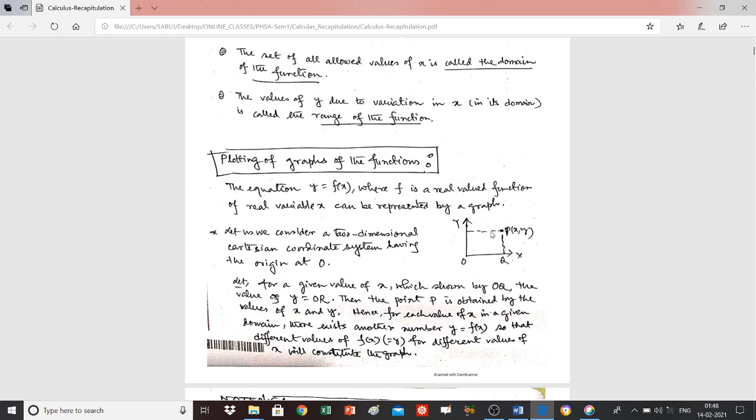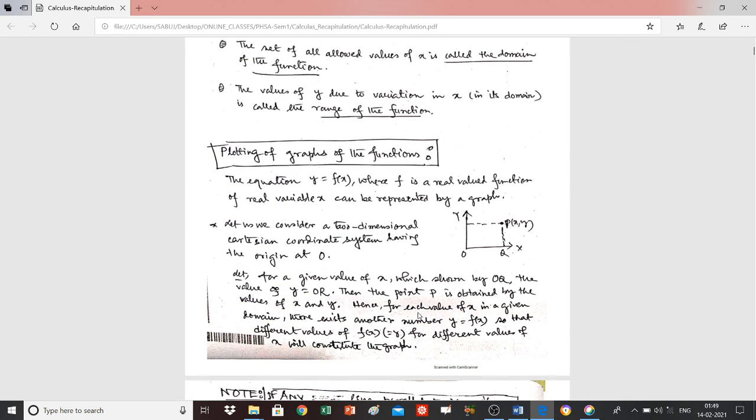If you mark these at the point P, then this OQ is x and this OR is y. So this point will be P(x, y). This is the simple plotting of this function, that is y is equal to f(x). Just go through these lines.